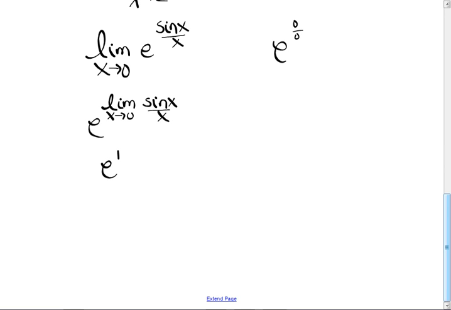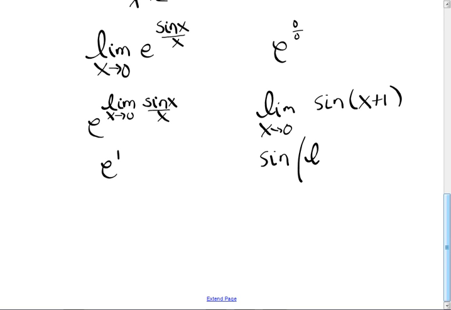Normally, things aren't up in exponents, and so you automatically do it. So when you do the sine of x plus 1 and you take the limit as x goes to 0, for instance, you just put the 0 in there. But what you're really doing is this. It's the sine of the limit as x goes to 0 of x plus 1.